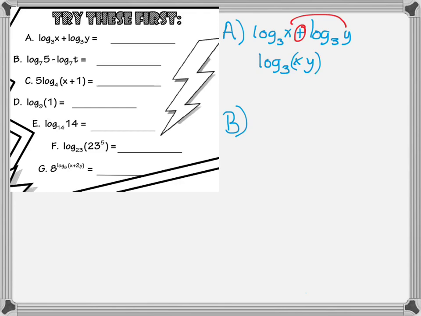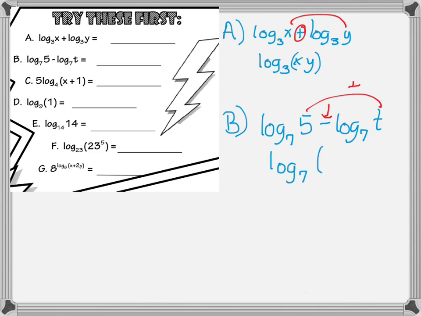B. We have log base 7 of 5 minus log base 7 of t. So we are being separated by subtraction, so that means I need to divide those numbers. So log base 7 of 5 divided by t.